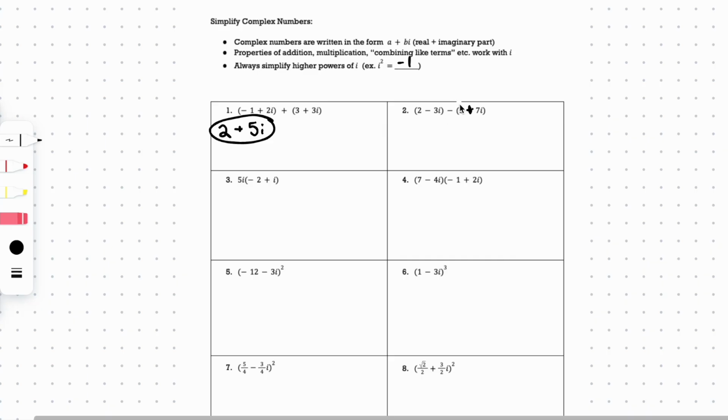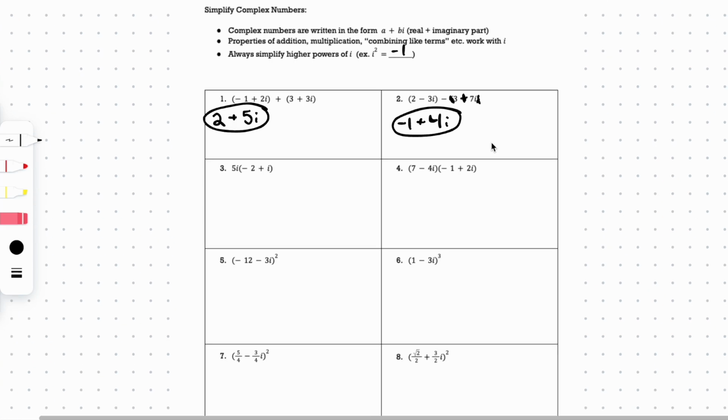And now we don't care about these parentheses. So we do 2 minus 3, we get -1. And then we do -3i plus 7i. And that's going to be plus 4i. And that's going to be our answer.